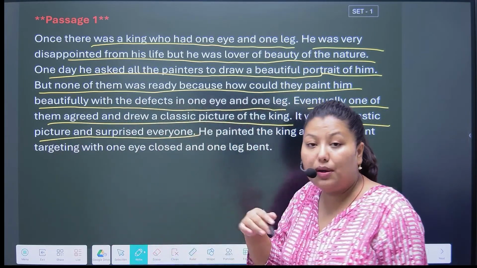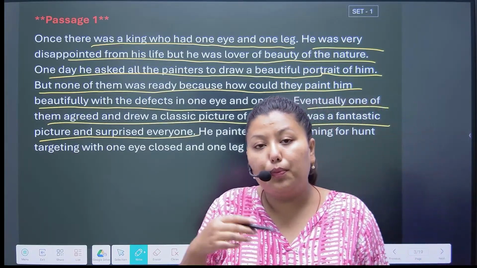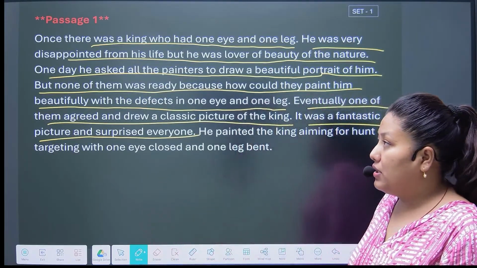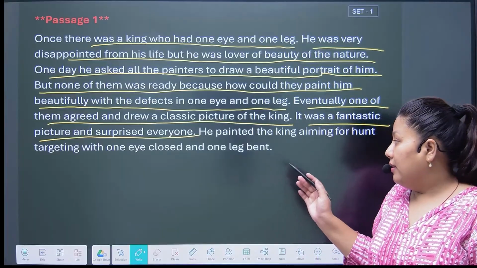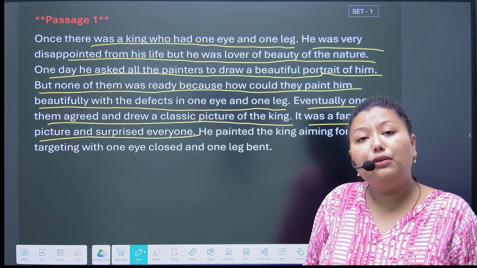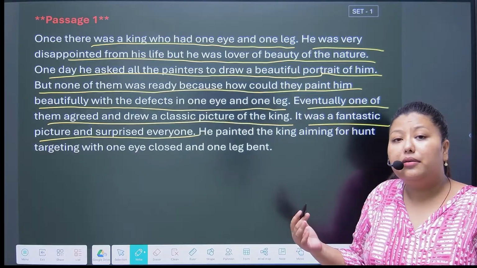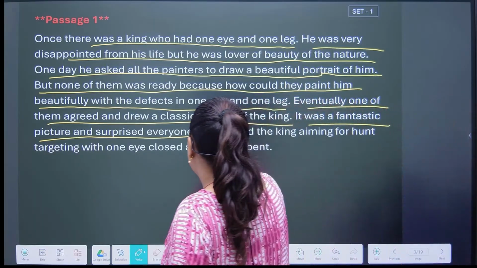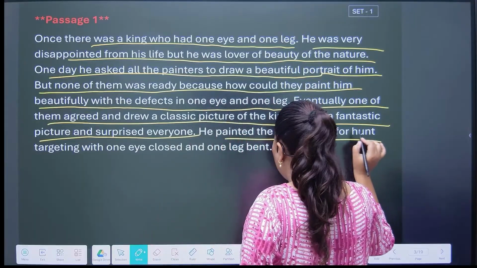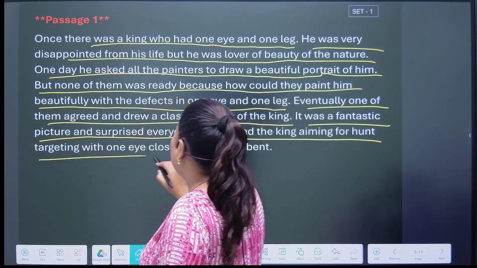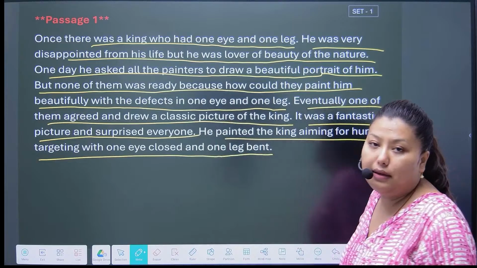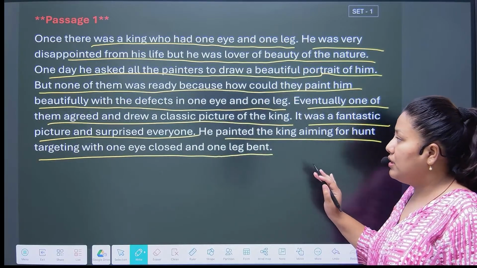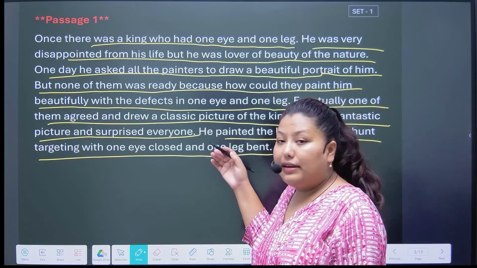So everyone was surprised after seeing that portrait of the king. Next question, and the last question. How did the painter paint the king's portrait? So the answer is, the painter painted the king aiming for a hunt, targeting with one eye closed and one leg bent. So these are the questions. Write them down in your copy.